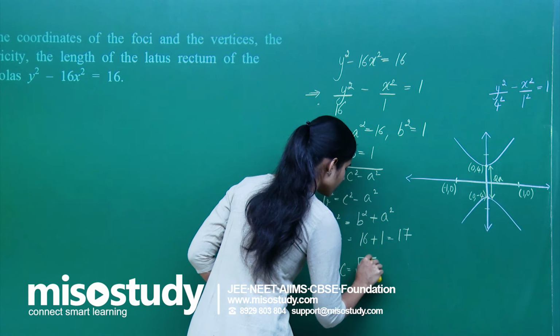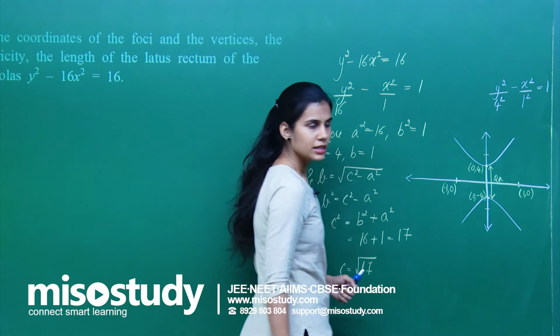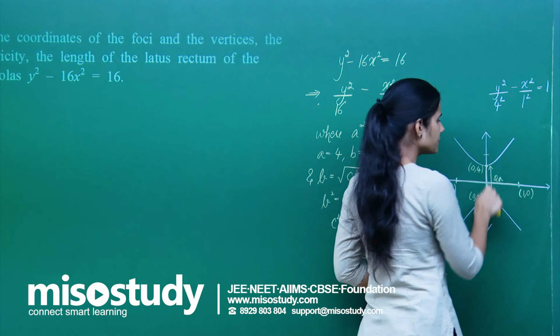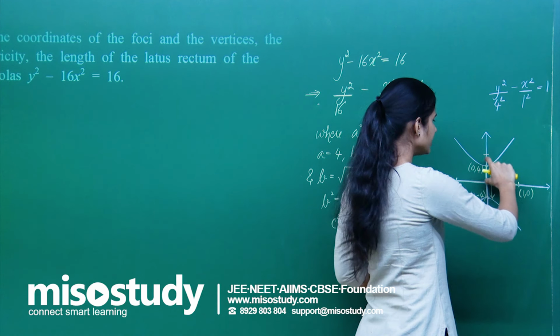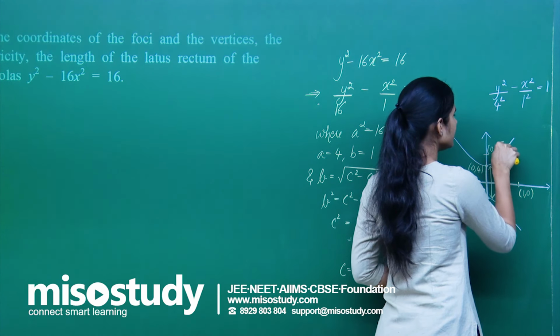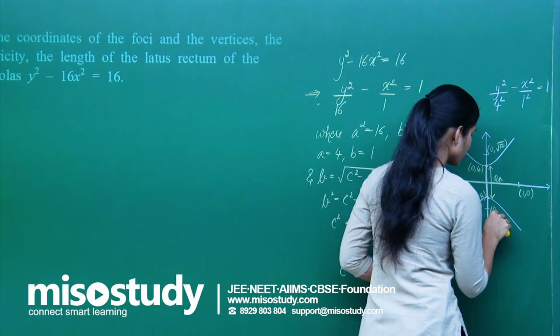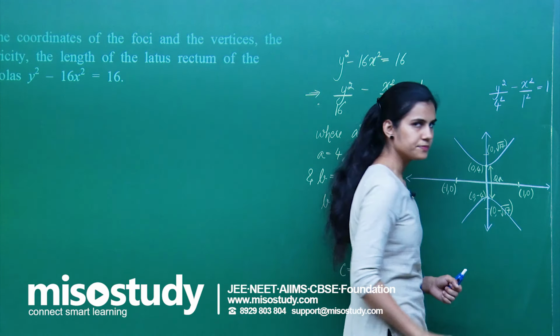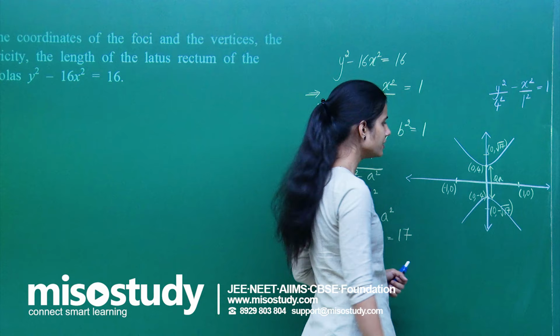So c is root 17. Basically 2c is nothing but the distance between the two foci. From here to here it is c, here to here it is c. This point is (0, root 17), and this point is (0, -root 17). Fine, so the foci have coordinates (0, root 17), (0, -root 17).